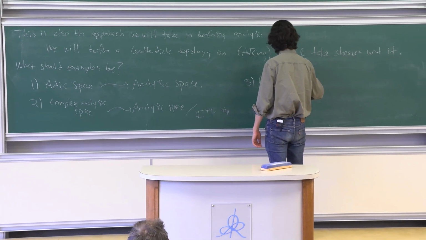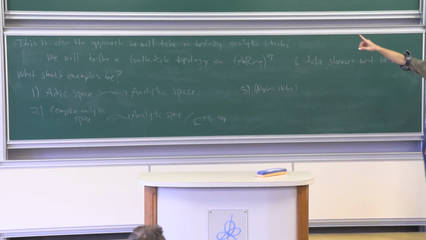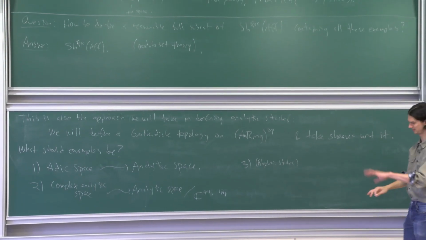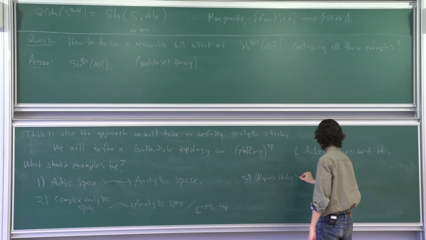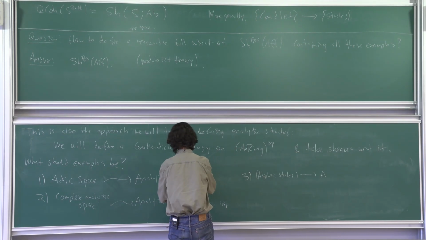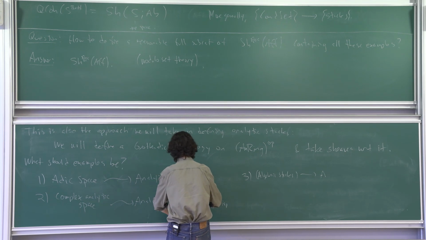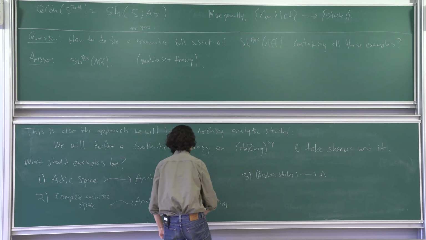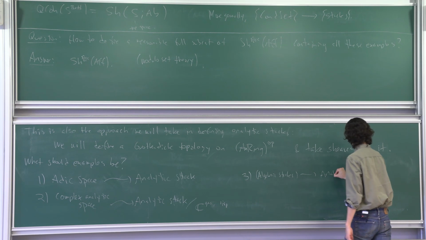In some sense, maybe not precisely the sense that I was discussing with the FPQC topology and so on, a slight modification of that should give rise to analytic spaces. I was going to use the word stack, I'm sorry. Analytic stacks.